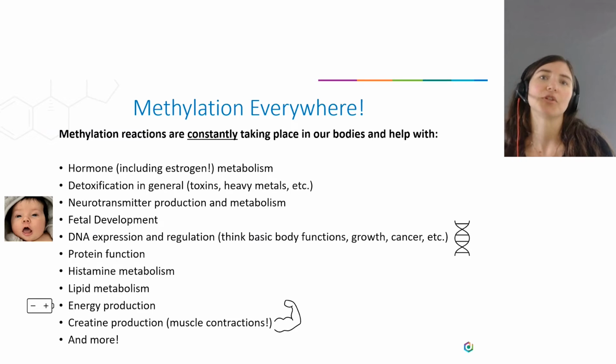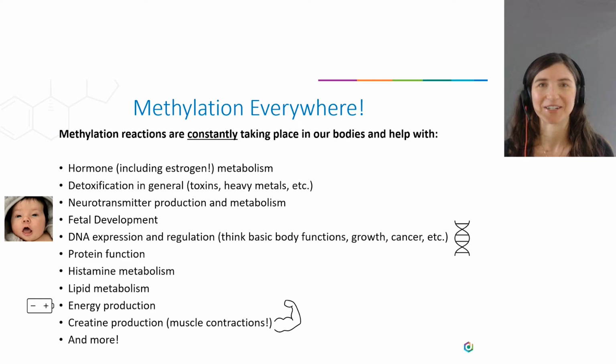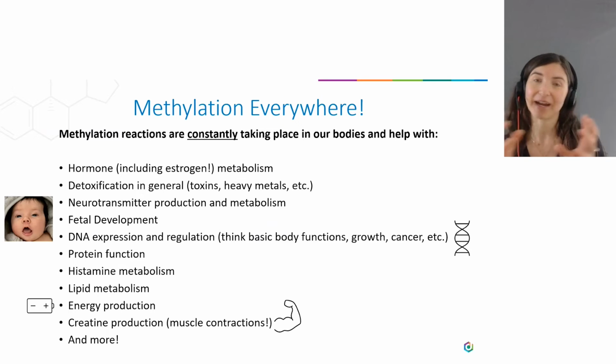They're helping us produce energy, ATP, helping with protein function, helping to make neurotransmitters and also metabolize, clear out neurotransmitters, help with overall growth and metabolism, DNA repair. It's amazing. Even muscle contractions. So most of those methyl groups that SAM carries around go to regenerate or to create creatine, which helps with muscle contractions.